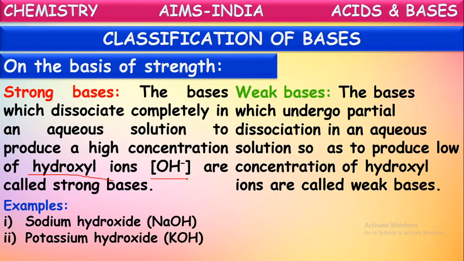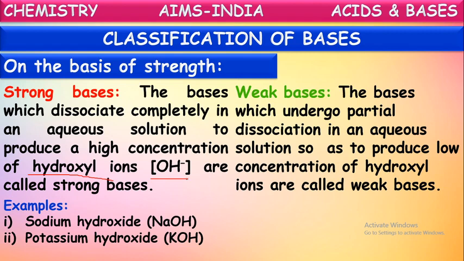The bases which undergo partial dissociation in an aqueous solution so as to produce a low concentration of hydroxyl ions or OH minus ions are called weak bases. Some kinds of bases are there, when you dissolve them into water, very few molecules will dissociate. Dissociate means splits into ions. Very few molecules separate into respective positive ions and OH minus ions.